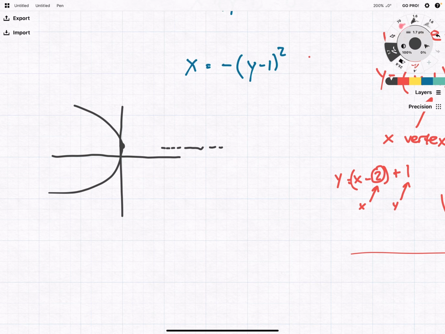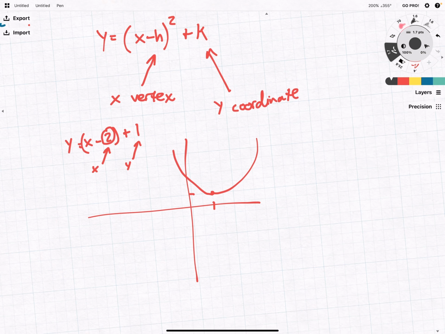As a matter of fact, we pretty much almost have our answer. It's just a weird way to visualize it. It's negative, so it's facing to the left. A neat thing to know about parabolas is your vertex in any parabola is also on your axis of symmetry.